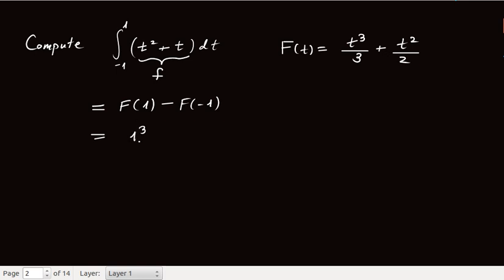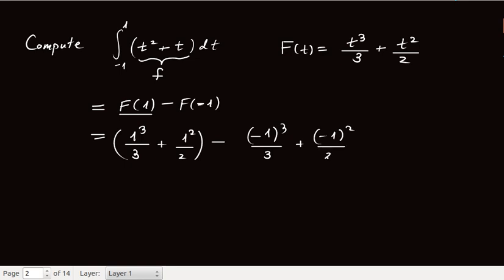I get 1 cubed over 3 plus 1 squared over 2. So that's this first part. And then I subtract from that the evaluation at the other endpoint. So I plug in minus 1 into F this time. So minus 1 into F gives me (minus 1) cubed over 3 plus (minus 1) squared over 2.